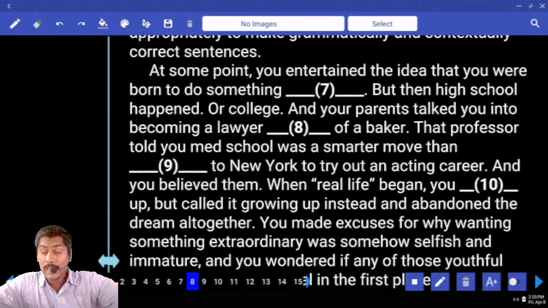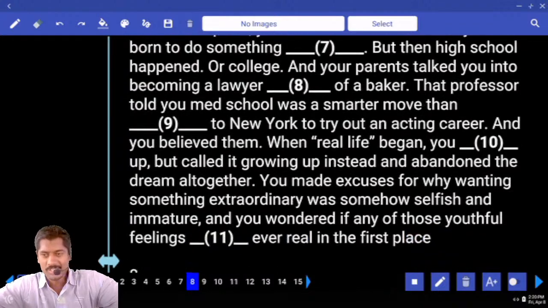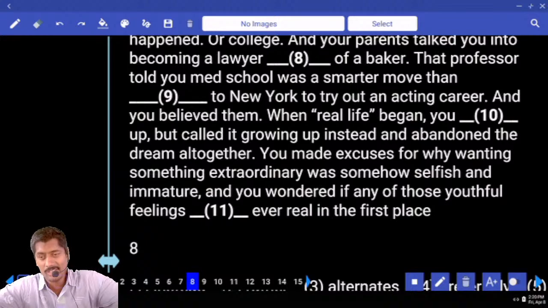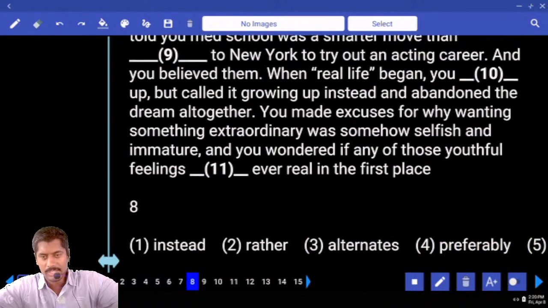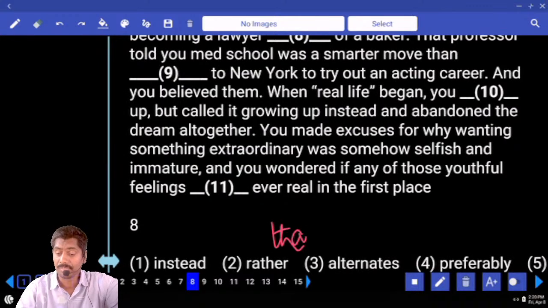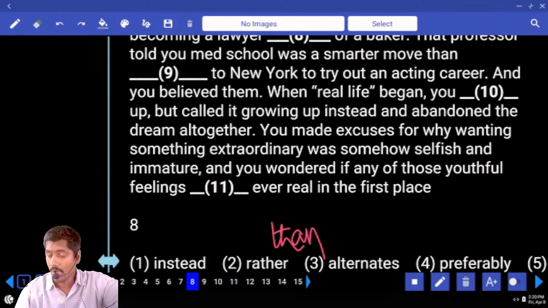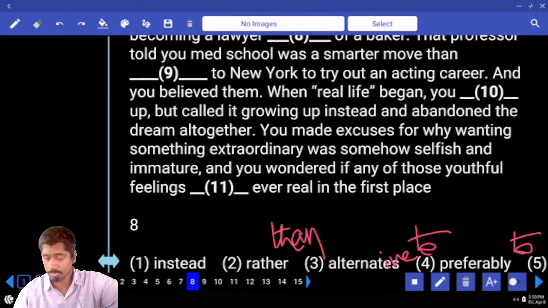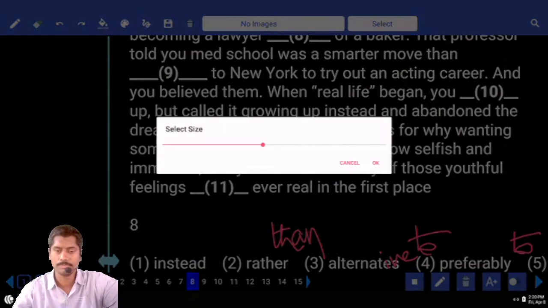So you entertained the idea that you were born to do something important, but then high school happened or college, and your parents talked you into becoming a lawyer dash of a baker. Instead of: yes, rather always takes than, alternative to, preferably to, and what is the last option?